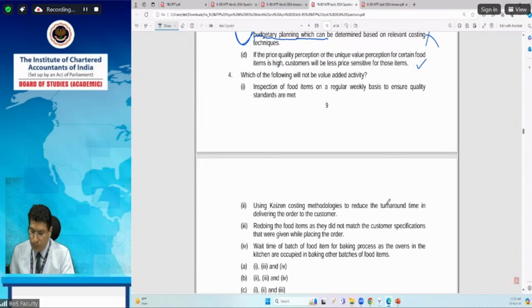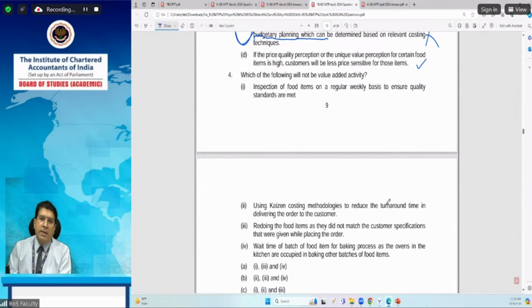Now, redoing the food items. If I redo food work, it will not create any impact on the customer. That's why again it is a non-value added activity. Third is wait time of a batch of food items for the baking process, as the ovens in the kitchen are occupied in baking other batches of food items.